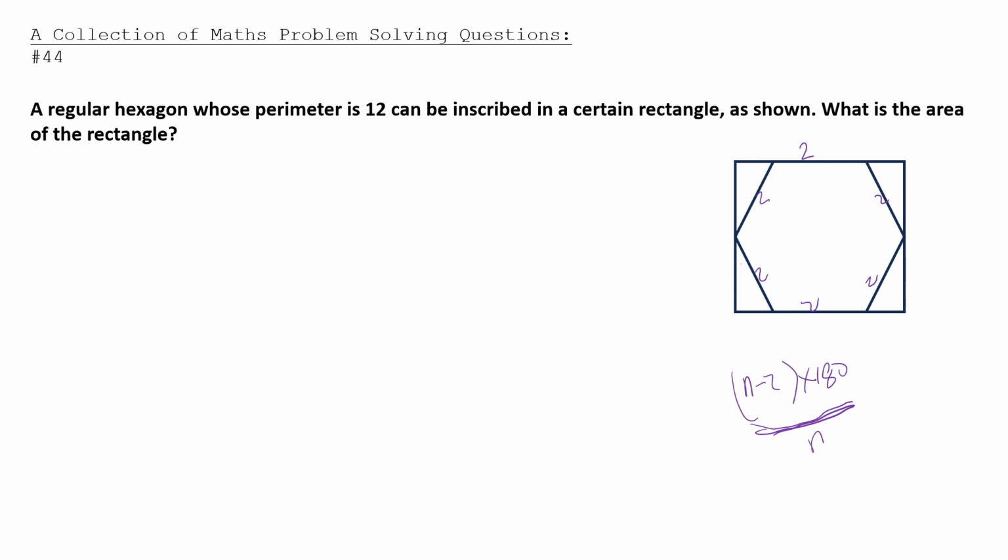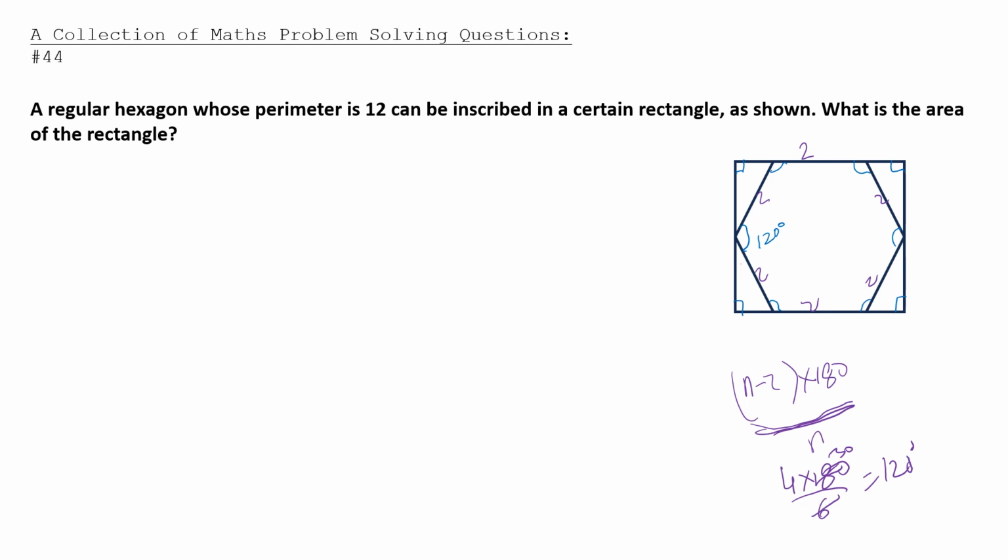And here n is 6. 6 minus 2 is 4, times 180, divided by 6, and that gives 120 degrees. So all of these angles are 120 degrees. Also, this is 90 degrees, being a rectangle. These are all 90 degrees.